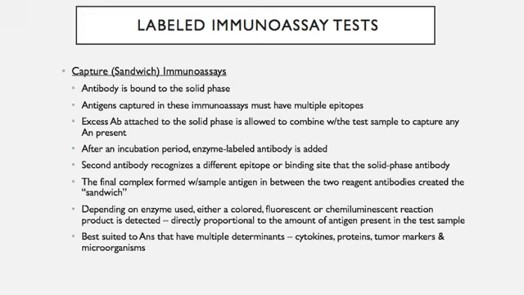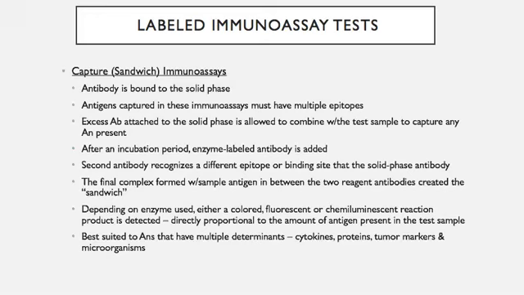Okay, capture or sandwich immunoassays. You've got antibody bound to a solid phase. Antigens captured in these immunoassays have to have multiple epitopes. Excess antibody attached to the solid phase is allowed to combine with the test sample to capture any antigen present. Then you've got an incubation period.